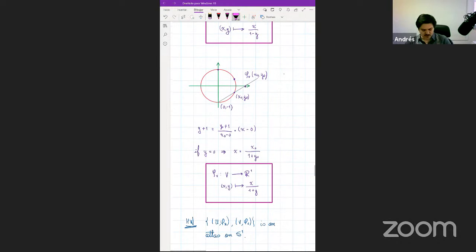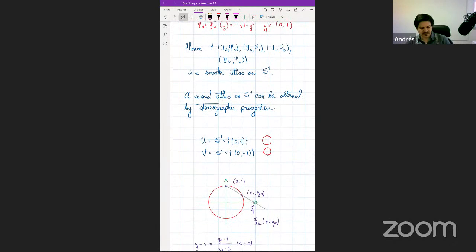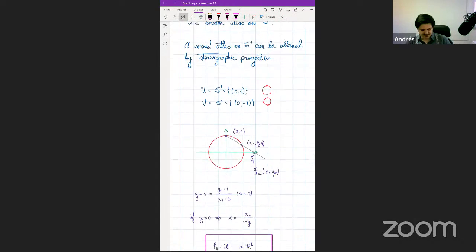Okay, so in this way we have the circle and 2 atlases. This is the second one, U and V, and this one with 4 charts. Okay, good.